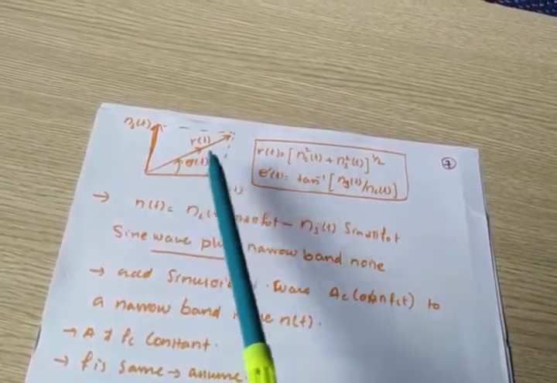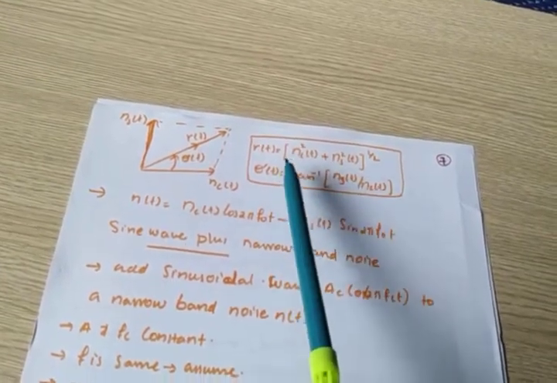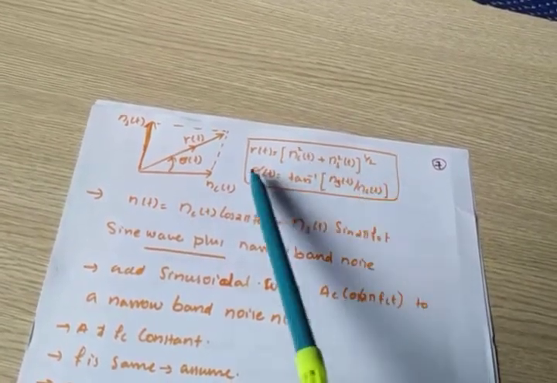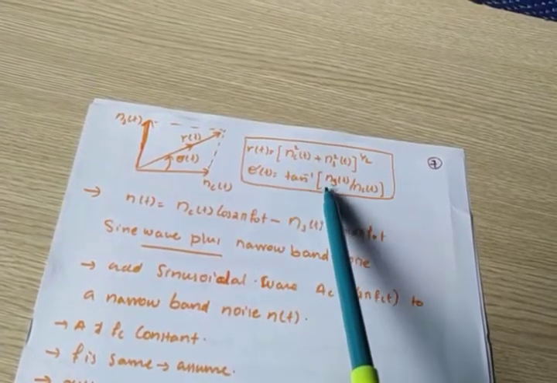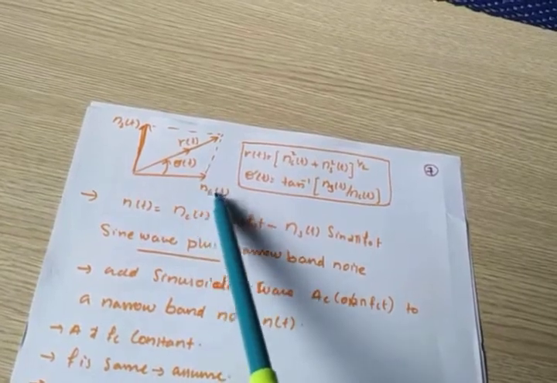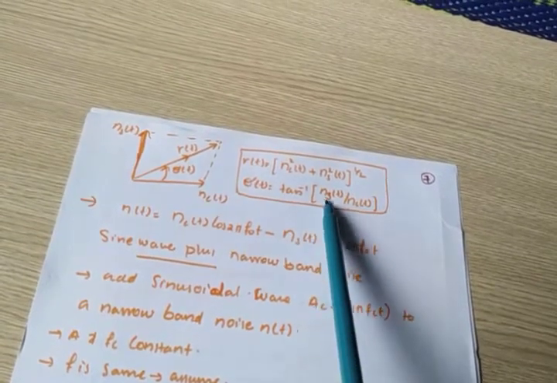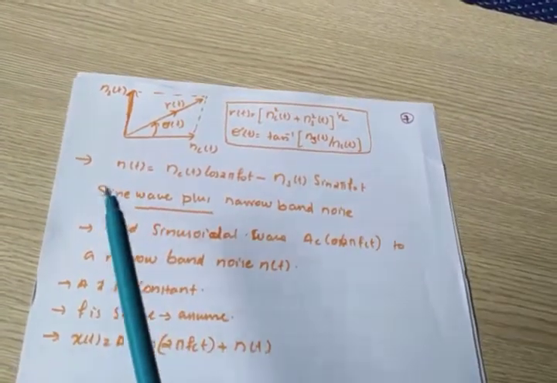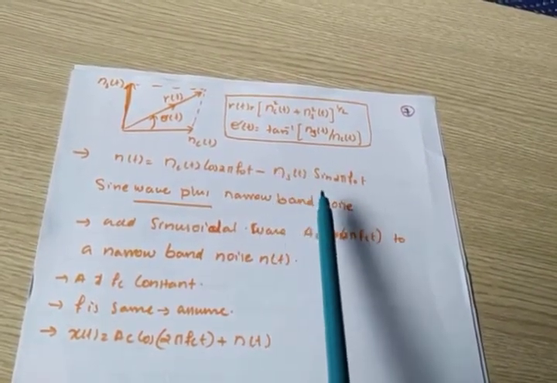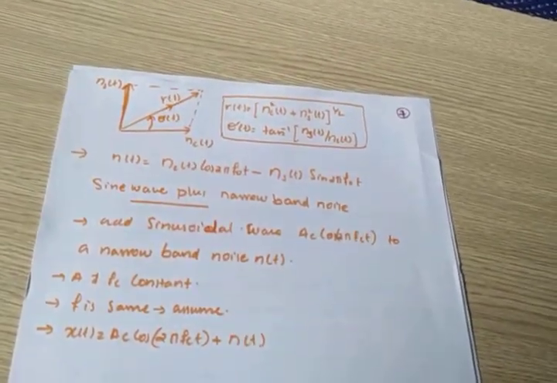This is the resultant signal r(t). r(t) can be represented as (nc²(t) + ns²(t))^(1/2), that is, r(t) = root of nc²(t) + ns²(t). And θ(t) is the phase angle between the resultant and the nc(t) component, θ(t) = tan⁻¹(ns(t)/nc(t)). So n(t) is normally represented as nc(t) cos 2πf0t - ns(t) sin 2πf0t. This is the representation of narrowband noise.